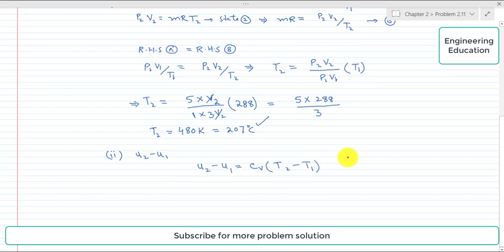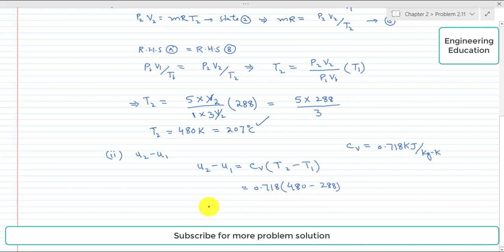CV value is given in the start of the problems, that is 0.718 kilojoule per kilogram per Kelvin. If we put the values, CV is 0.718, the value of T2 is calculated here, that is 480, and the value of T1 is 288.